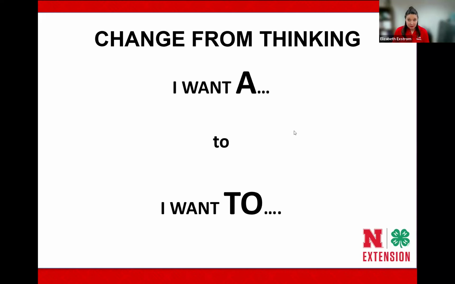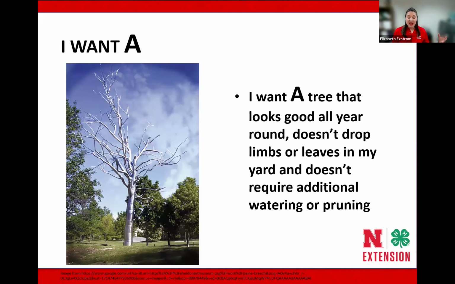So for example, I want a tree that looks good all year round, doesn't drop any limbs or leaves in my yard, doesn't require any additional water and pruning, easy to care for. We have made that a very specific ask on what we want out of that tree. And it really narrows down the scope of what we're going to be able to find when we say we want A.